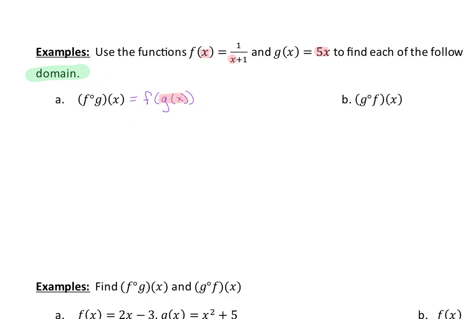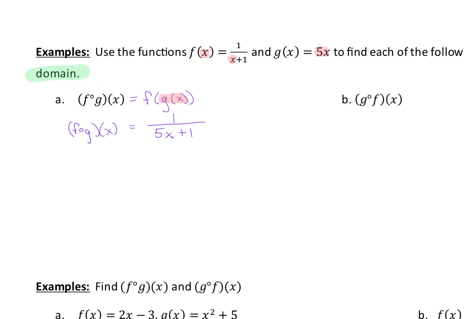All right, if we do this, we get 1 over, we replace our x with 5x, plus 1. This is our simplified function. We can't do anything else with it.